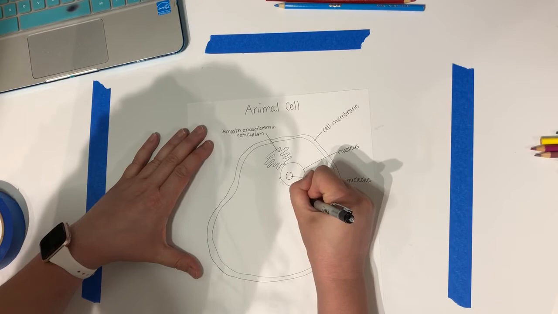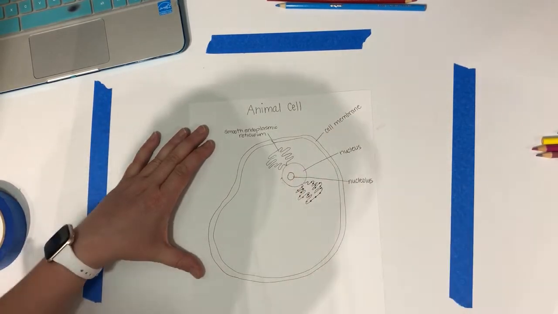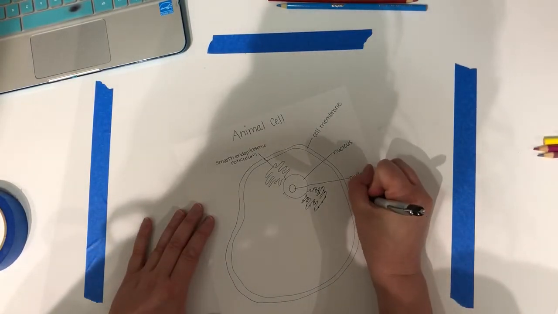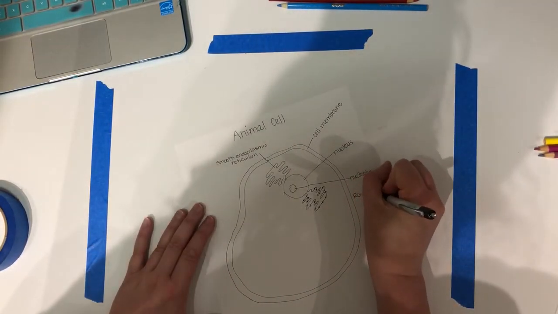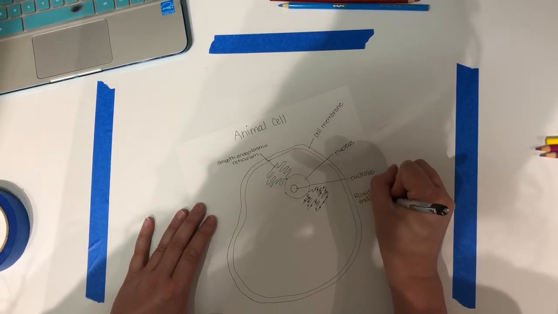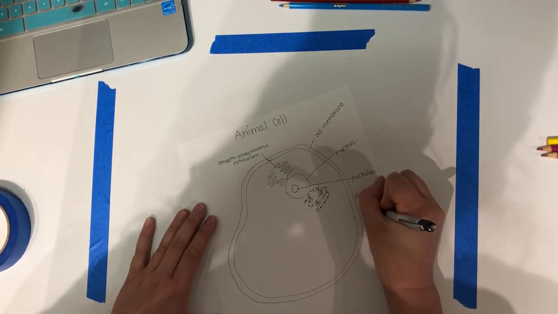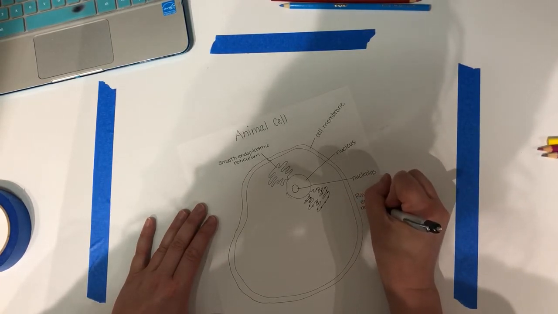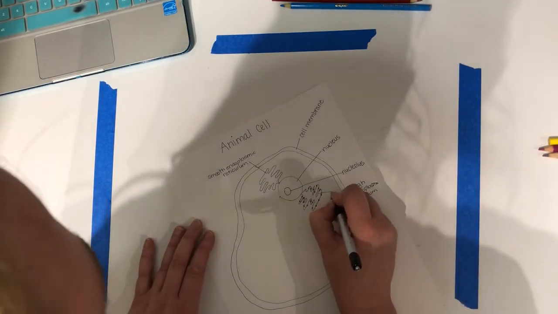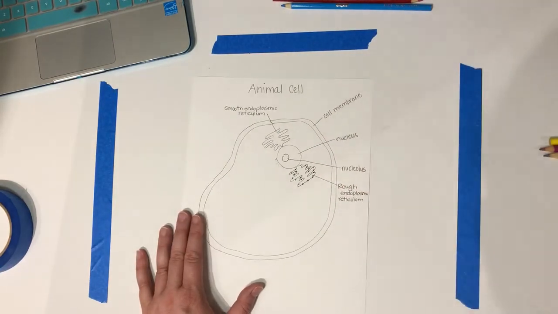That's how it gets its name, rough endoplasmic reticulum. So put that one over here. So that's the rough endoplasmic reticulum.